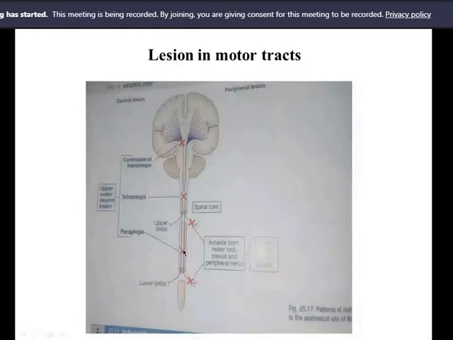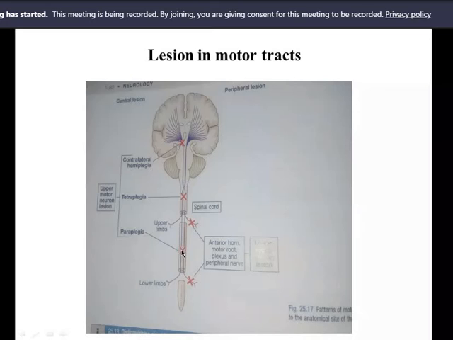And if there is a lesion in the lumbar area, both the tracts are affected, so there will be paraplegia, because the hands will work and the legs will not work. Paraplegia, right?